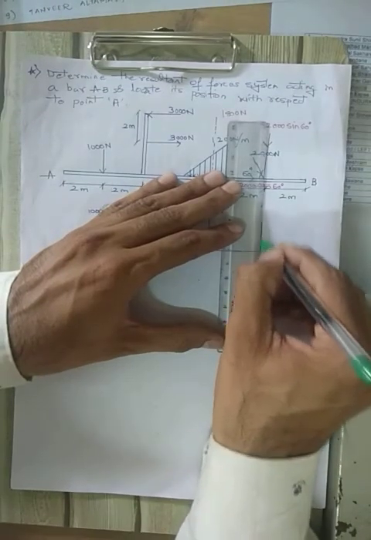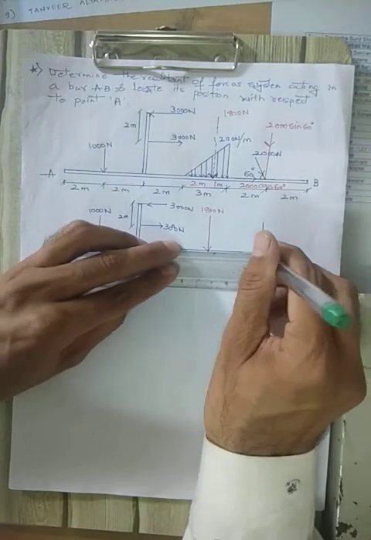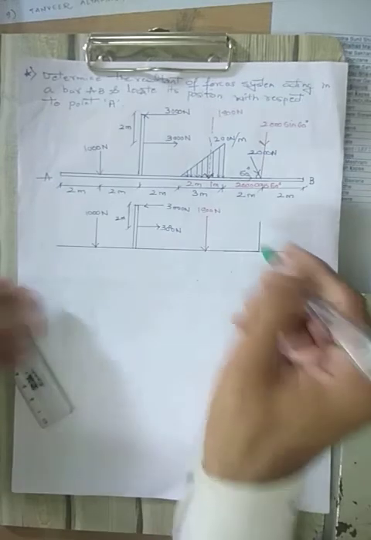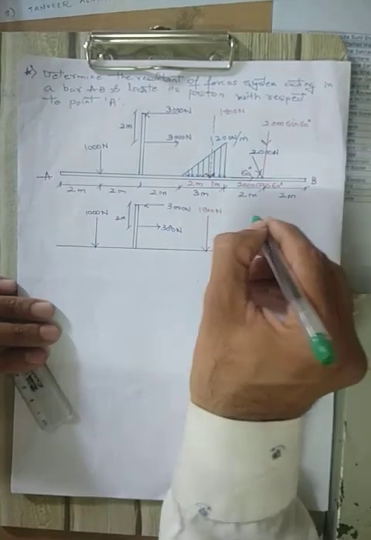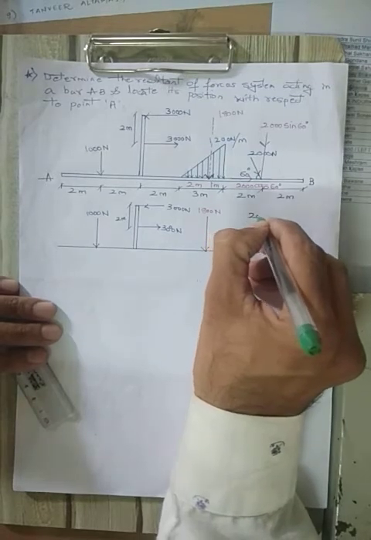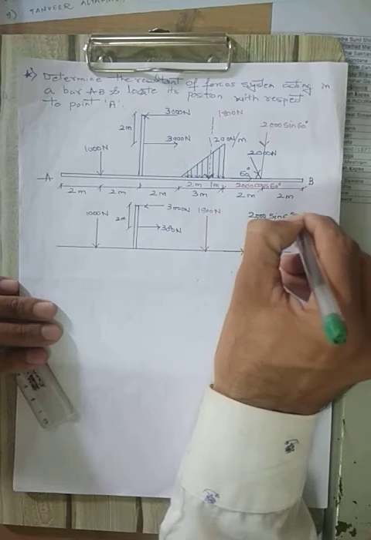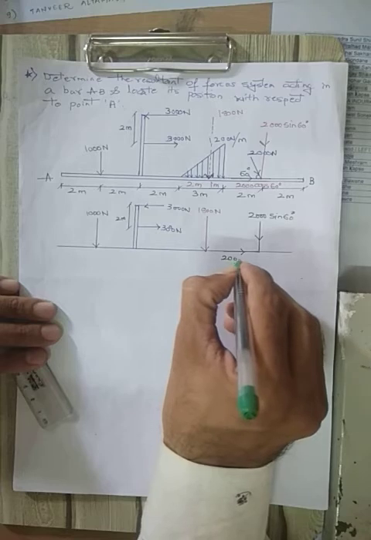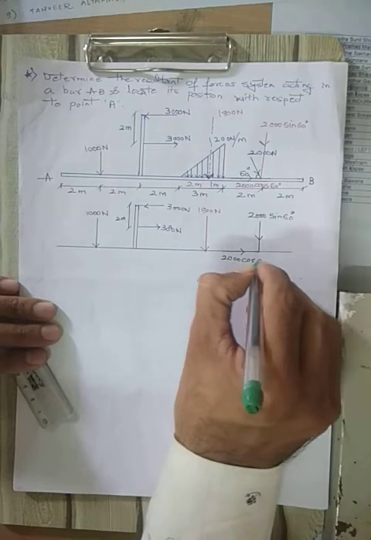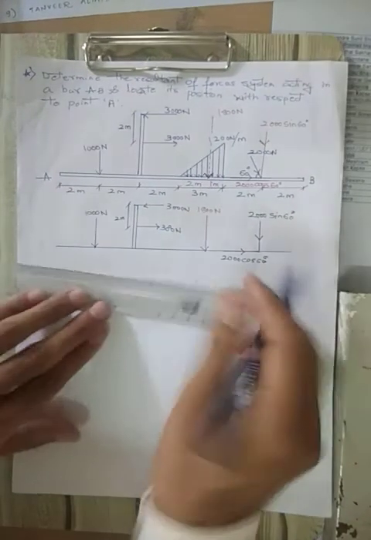This is the vertical force after conversion, and this is the horizontal force after conversion. So it is 2000 sin of 60 degrees, and this is 2000 cos of 60 degrees. Now we will mark the distances for this.